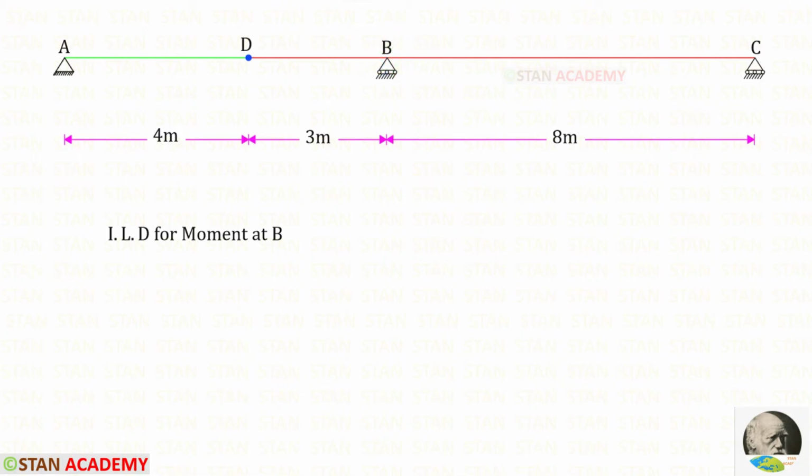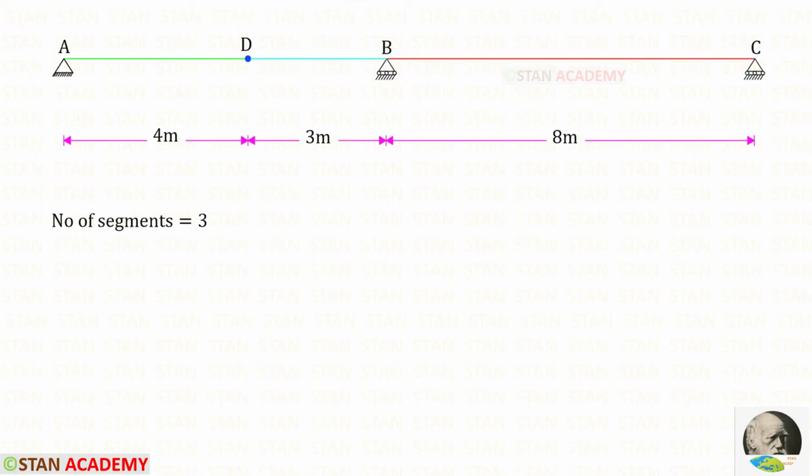Right now there are two segments AD and DBC, but we are going to find a value in the point B. So we have to split the segment DBC into two parts, DB and BC. You can see that for DB, I have changed the color.